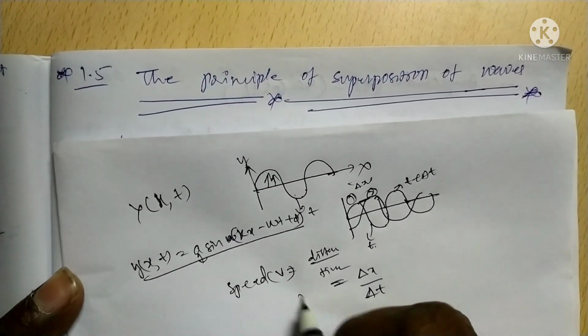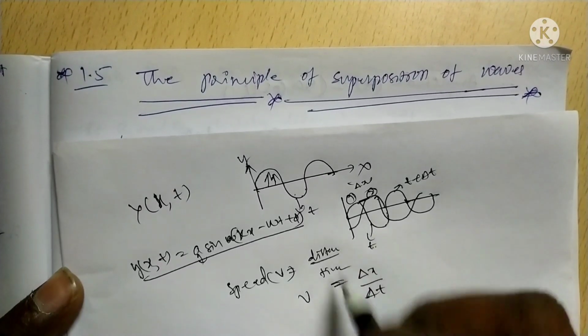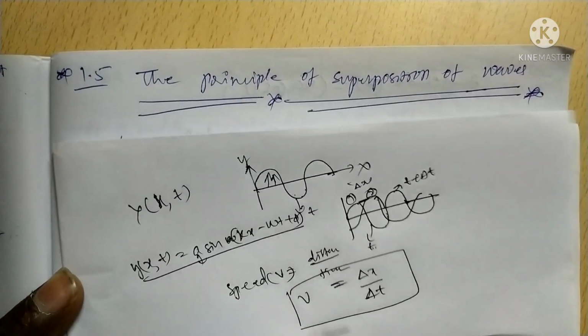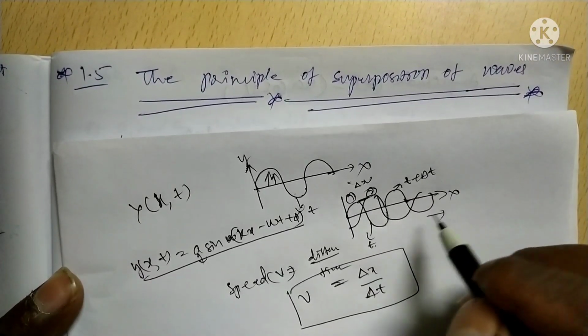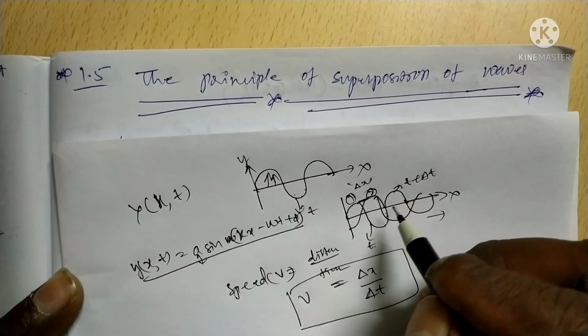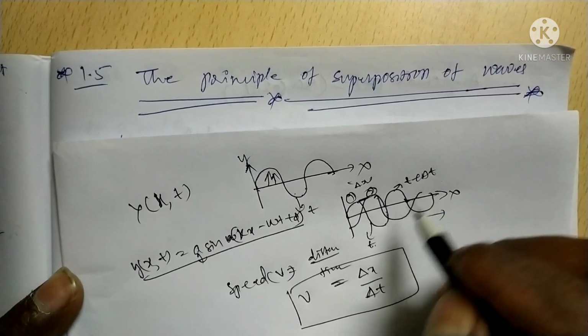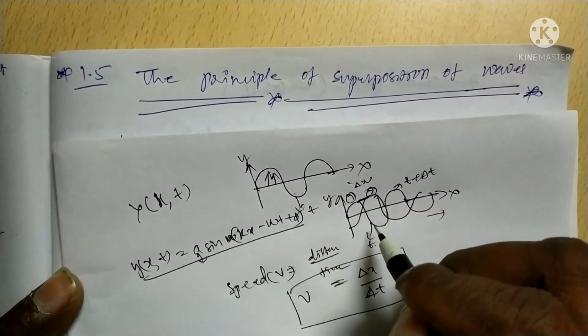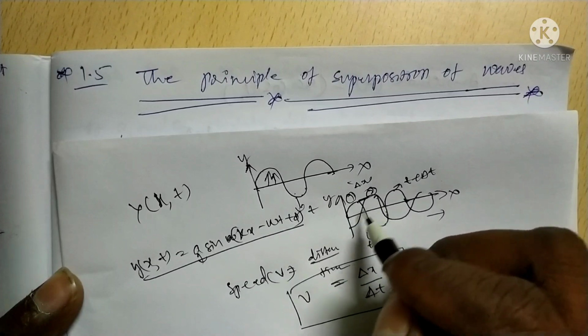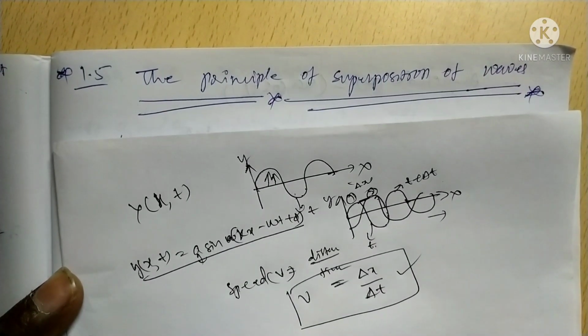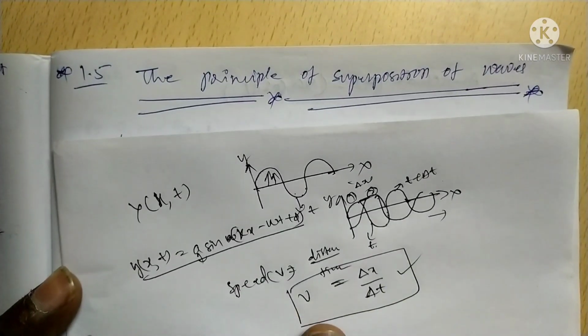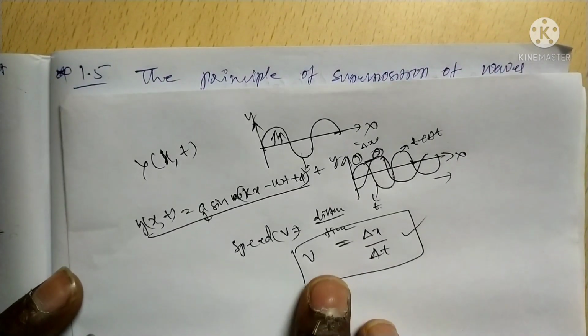This is the speed of the two waves moving in the forward direction, or x direction, with slight changes in position and time. The displacement amplitude is constant. This is the velocity, the speed of the wave.